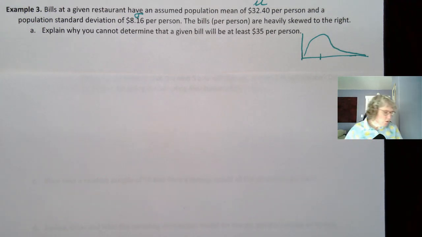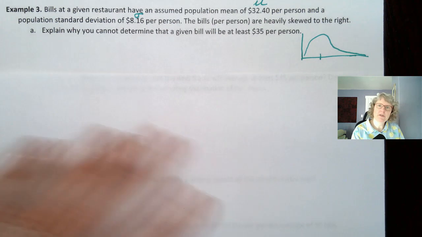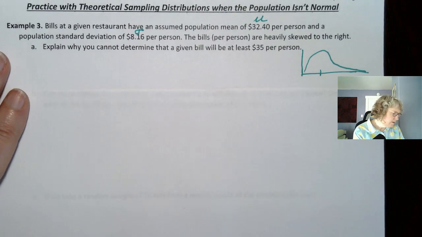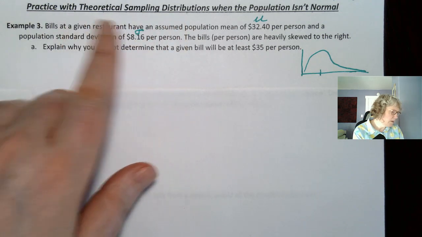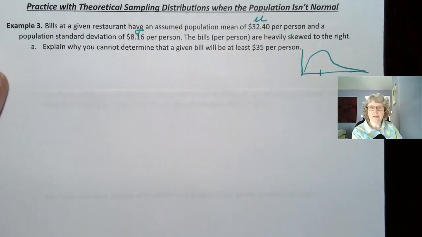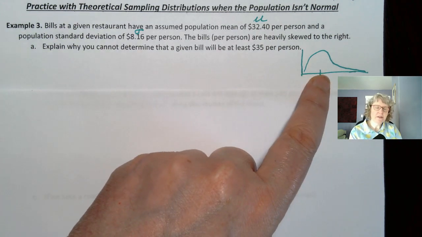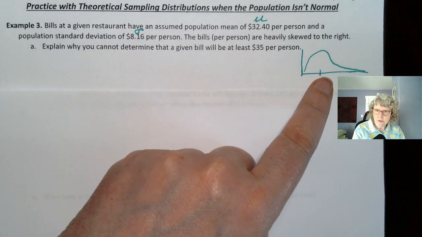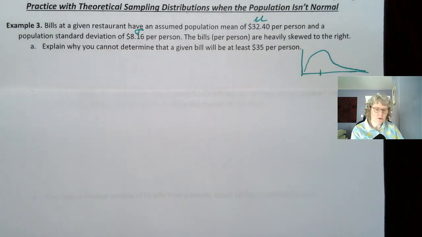In this case, we don't have that, right? They're telling us the population is skewed to the right. So this is an example of a theoretical sampling distribution when the population isn't normal. We don't have a formula for this. There are some skewed distributions, but we don't have a specific distribution for this one, so we can't do just one.